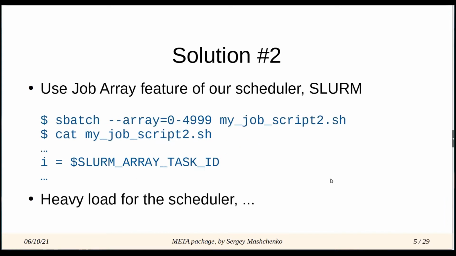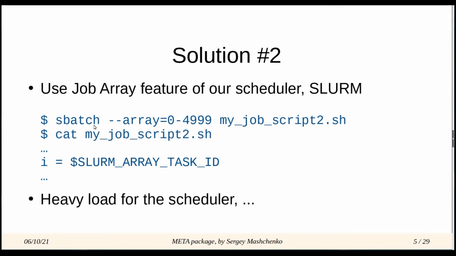Some of you may have heard about job array feature of our scheduler, which is Slurm. And the way it's described, it sounds like it's a good solution. It's an improvement over the previous setup. At the very least, you're saving on typing. Instead of typing the for loop, you type sbatch --array equal, and then you provide a range of indexes, the sub jobs you want to compute. Here's my job script.